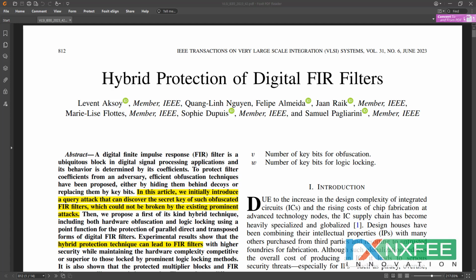The experimental results show the hybrid protection technique can lead to a FIR filter with higher security while maintaining hardware complexity competitive or superior to those locked by the prominent logic locking methods.